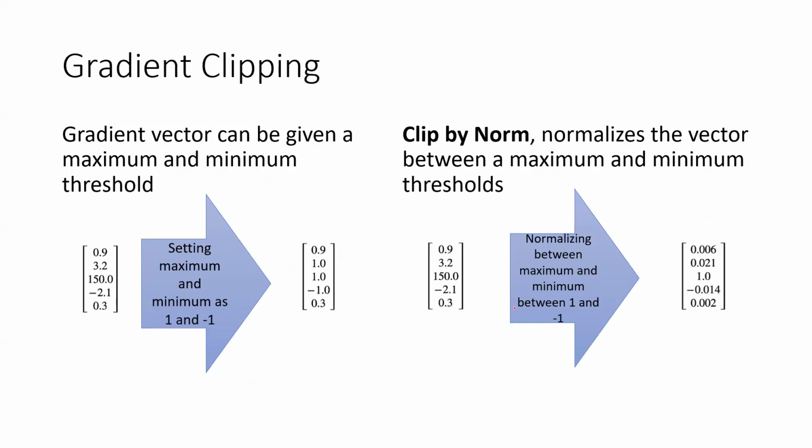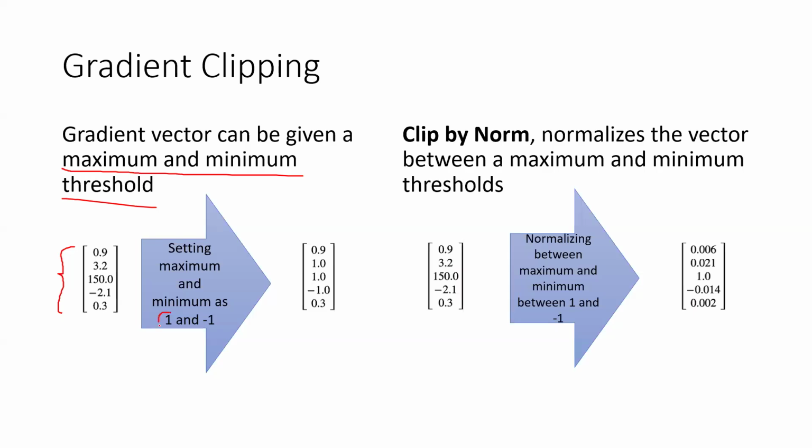So this is the technique of gradient clipping, right? Actually, we can clip the gradient in two ways. The one is using the maximum and minimum threshold. For example, say these are the gradients that you have: plus 0.9, plus 3.2, plus 150, minus 2.1, and plus 0.3. Say you have a maximum and minimum limit of plus 1 and minus 1.